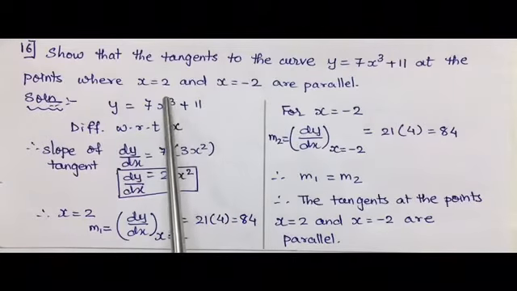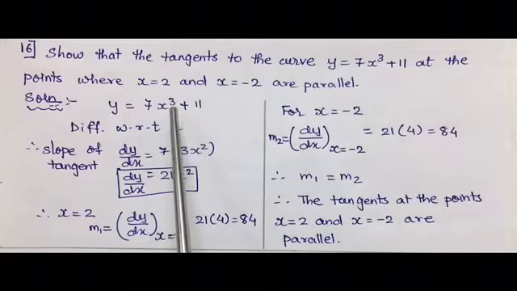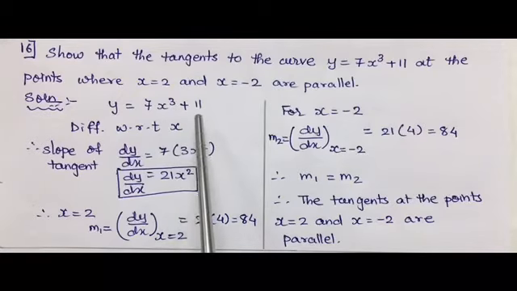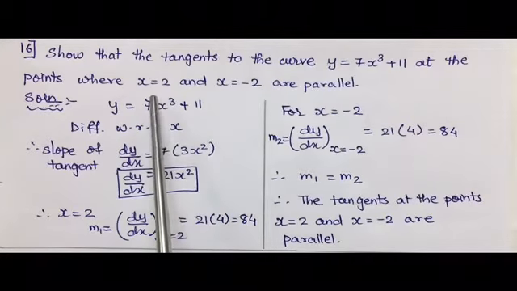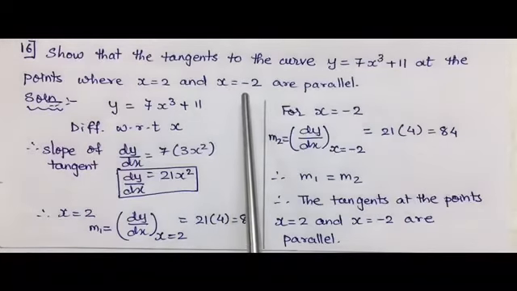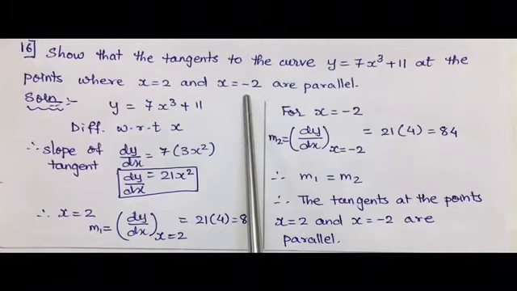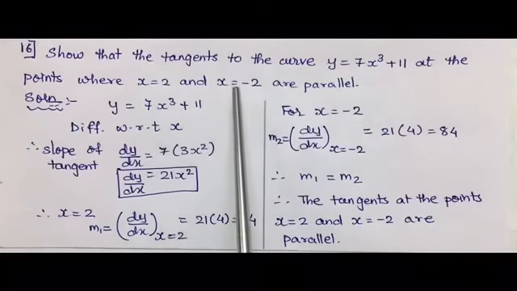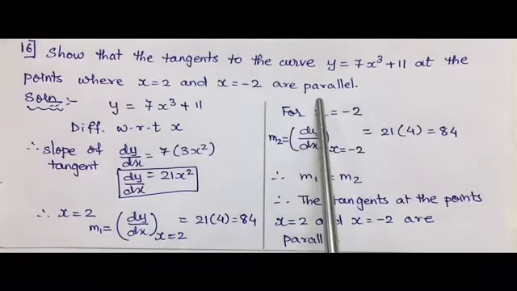Now when we want to prove that the lines are parallel, we have to prove that the slopes are equal. If the slope of the tangent at the point 2 and the slope of the tangent at the point minus 2 are both equal, we can say the tangents are parallel.